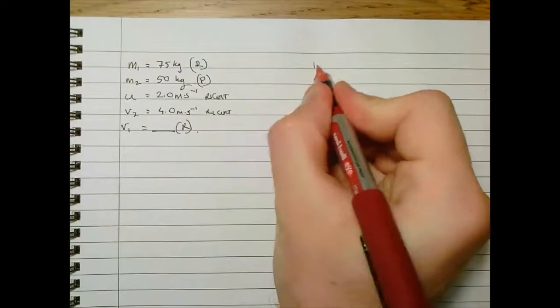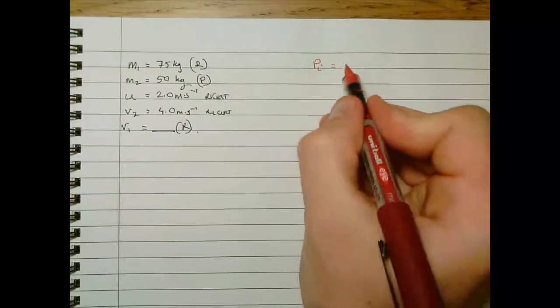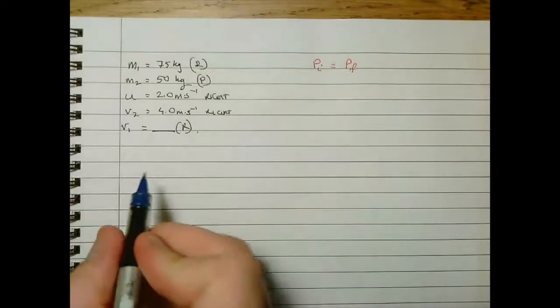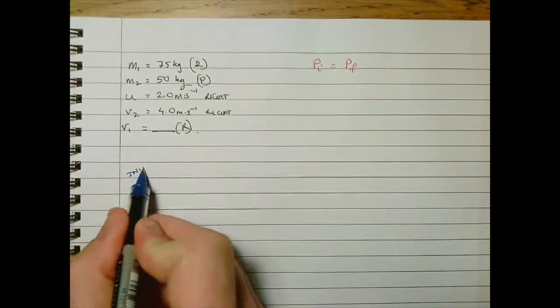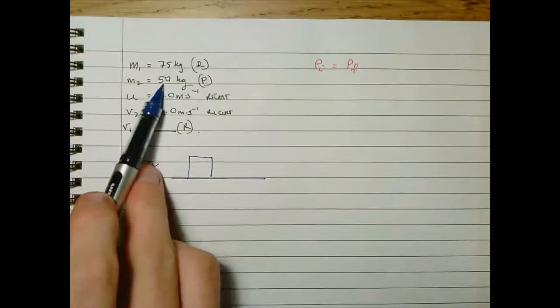So I'll just identify our framework first. We need to use our conservation of momentum knowledge, where the initial momentum must be equal to the final momentum of the situation. Before I get started into that, it is very useful to draw a diagram first. If I draw the initial situation, we've identified that object 1 is slightly larger than object 2.